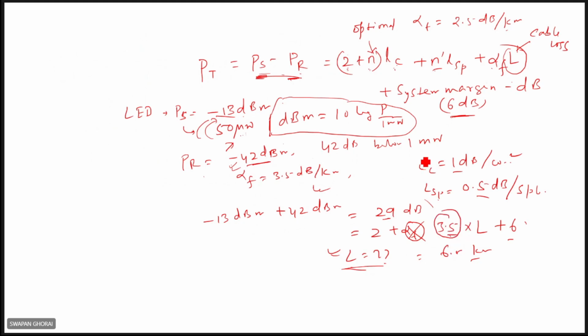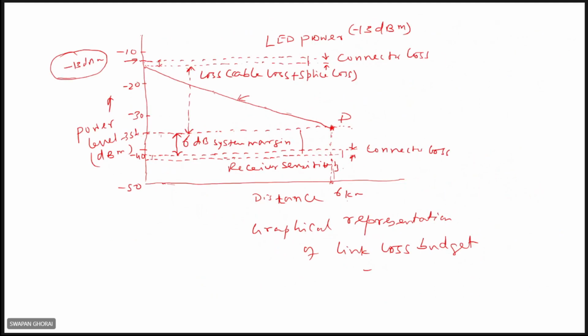Plus some splice loss will also be there. So that is the slope of the line. Where does it intersect? That will give you the distance. Graphically, you can determine the distance without expressions.